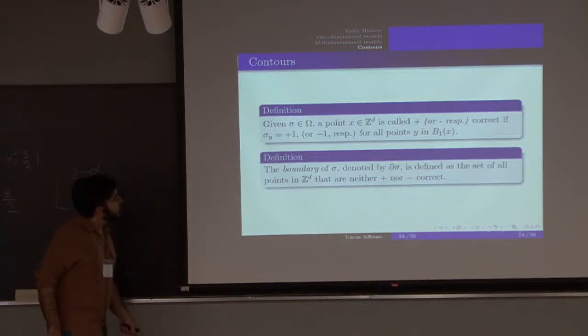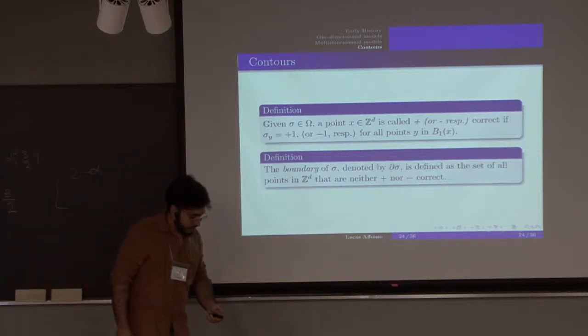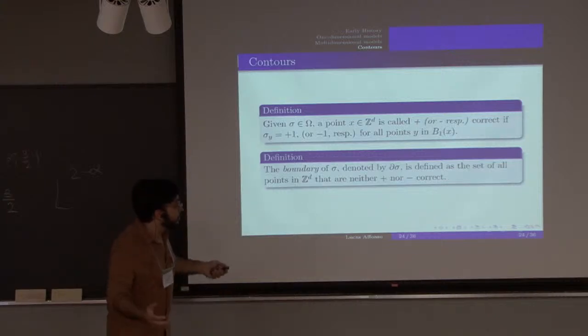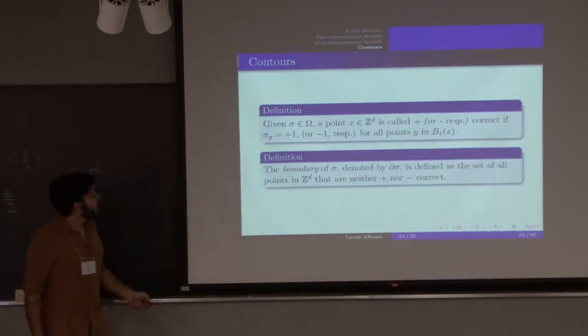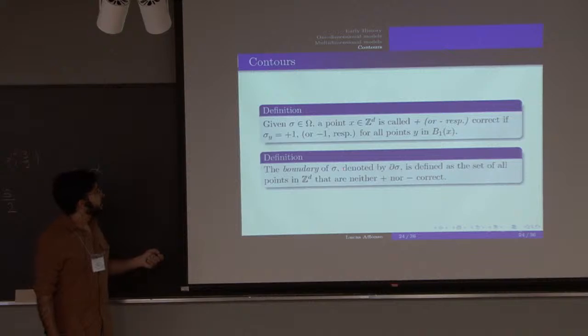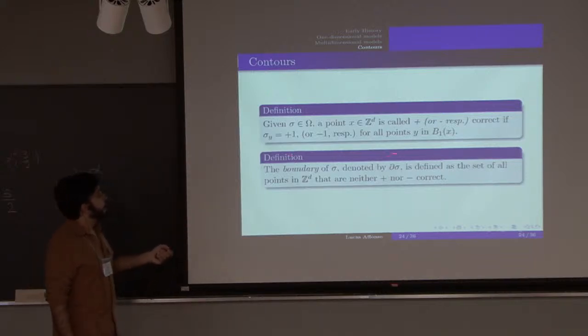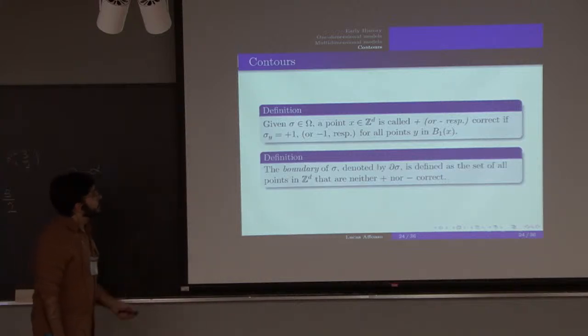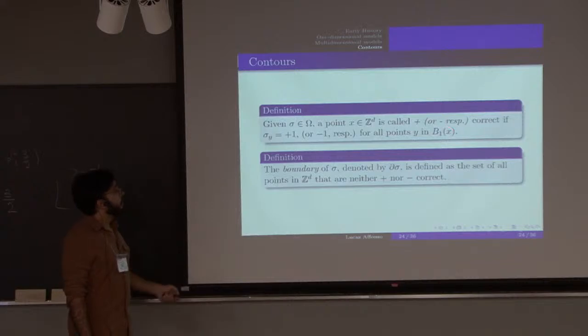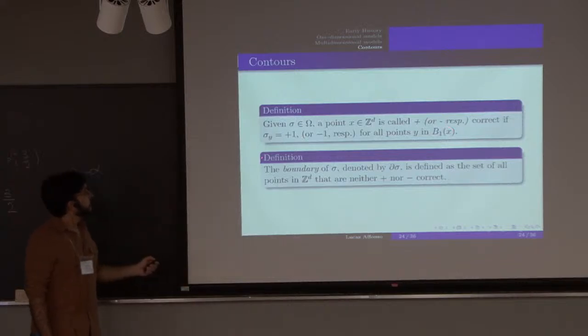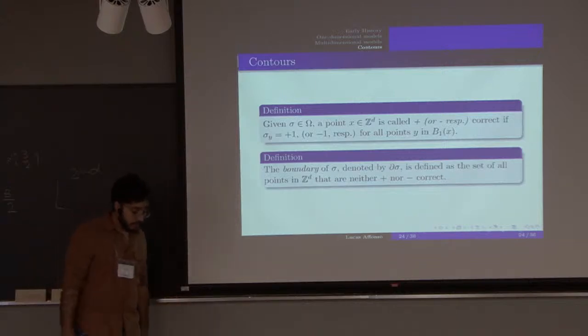So first we need to introduce a notion of incorrect points. This comes from the Pirogov-Sinai theory, and the definition is the following. Given a configuration, a point in Z^d will be called plus or minus correct if, in the ball of radius 1, the sign of the configuration is always equal to +1 or always equal to -1.